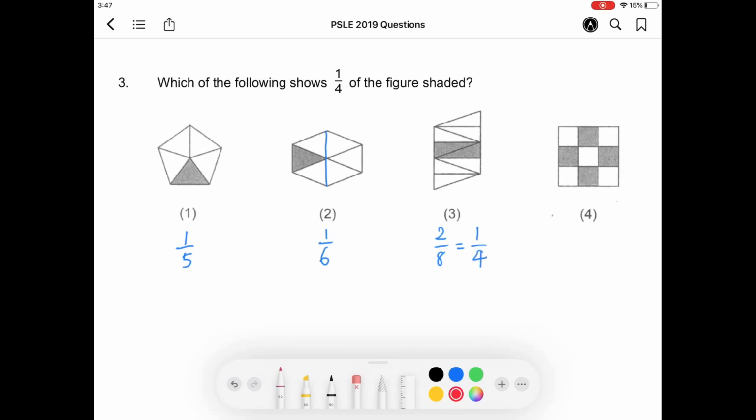Or you can cut out one triangle from the top and then paste it below, and then you can see that 1 out of 4 rectangles are shaded. Option 4, 4/9 of the figure is shaded. So the answer for question 3 is none other than option 3.